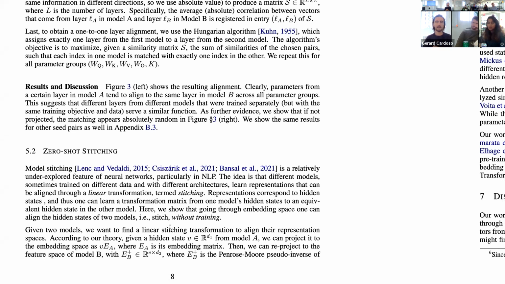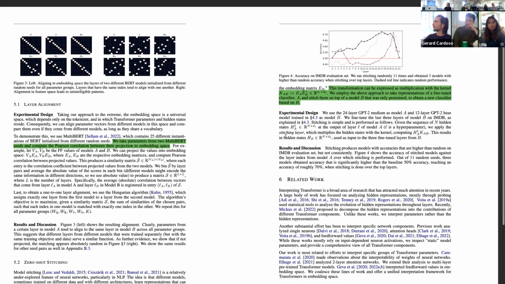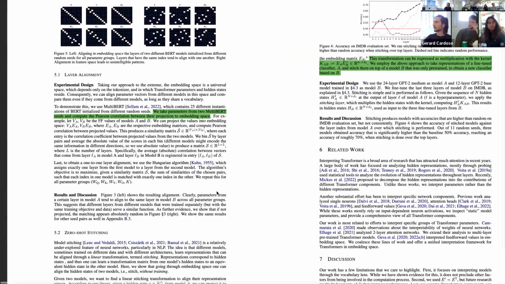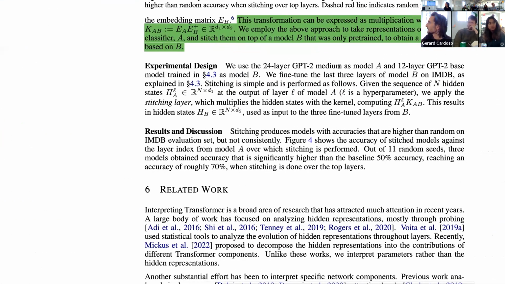Yeah, exactly. So what they do effectively, where's the setup? Actually, here. They have two models: a 24-layer GPT-2 medium and a 12-layer GPT-2 base model.